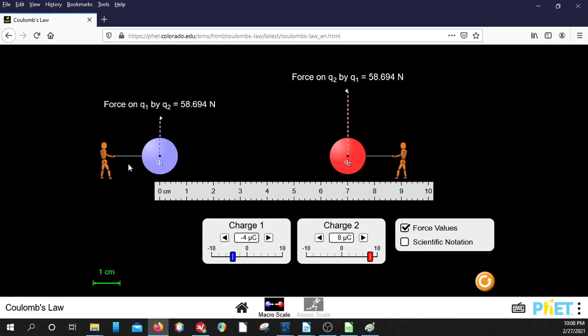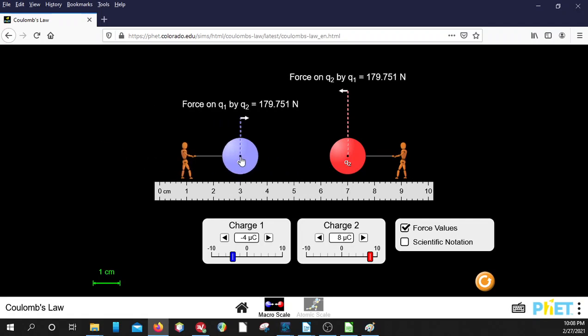Let's say Q1 is at 3, Q2 is at 7. Again, we're measuring from the center of the charges. You'd get a pretty different answer if you measured from one end of this charge to the closest end of the other one. So we want to measure from the center of one charge to the center of the next.